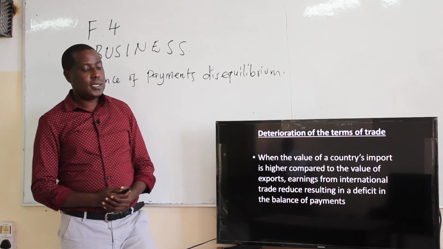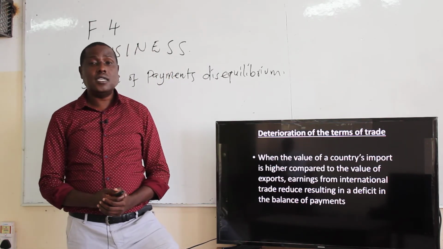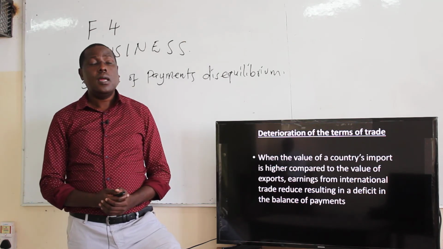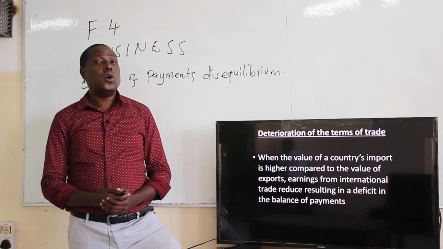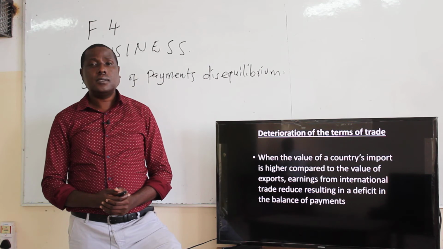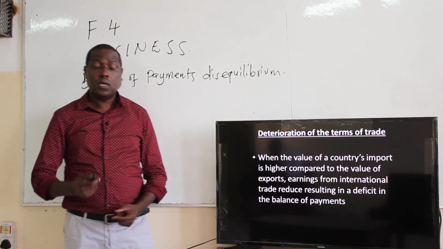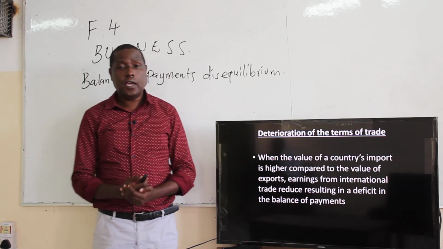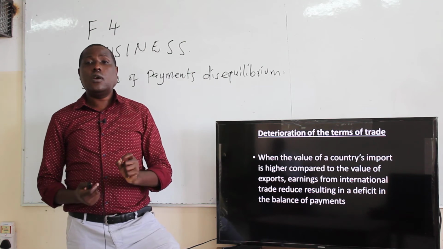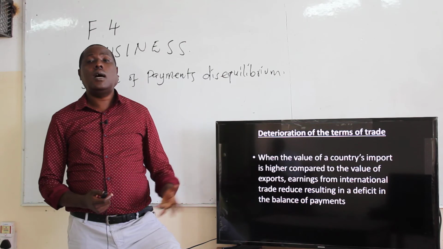So, when you sell a kilogram of tea leaves, right, that is the raw material for making tea, a kilo would cost maybe $1, right? Now, when that tea goes to UK, they process it, they refine it, and they sell it back to us. A kilogram of the same tea would cost us more than $6.